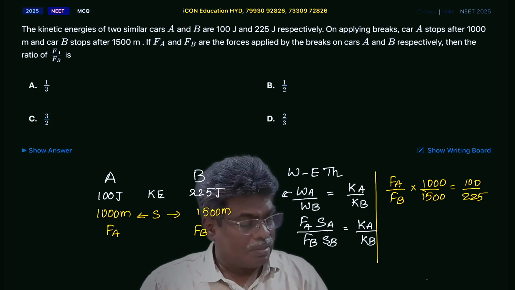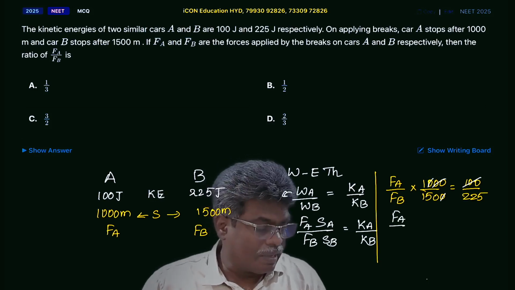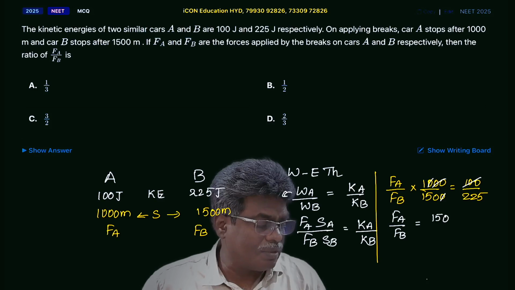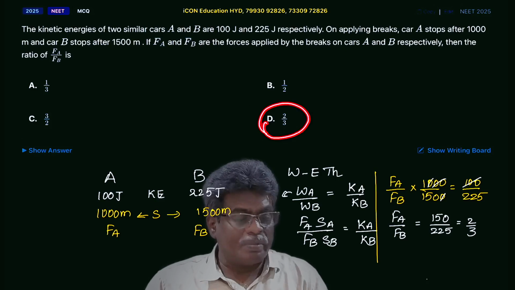Okay, so let me cancel this 100 and this 100. Finally we got FA by FB equal to 150 by 225, which is nothing but 2 by 3. So here the answer is 2 by 3.